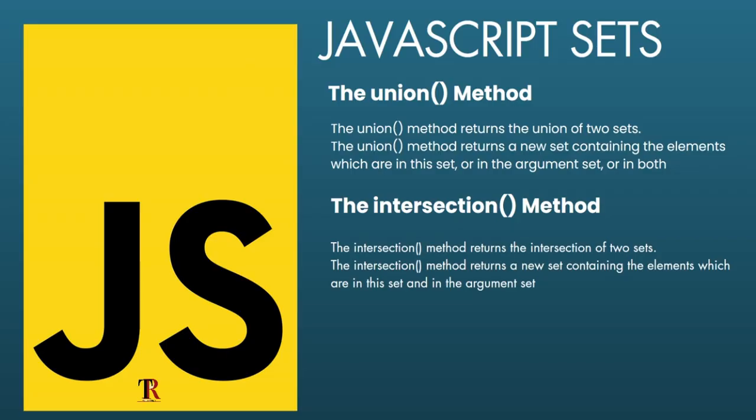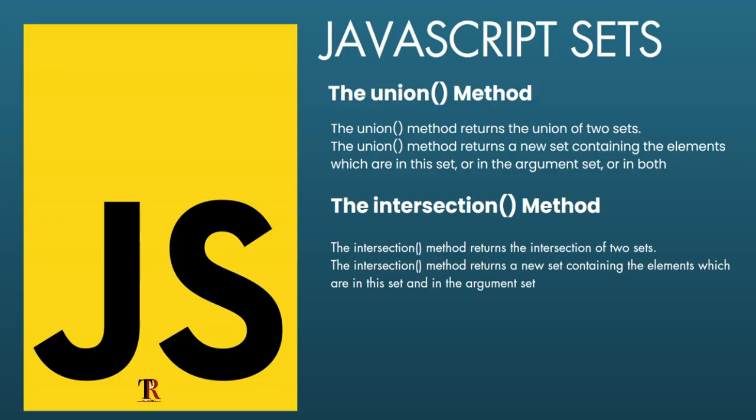Remember that in traditional mathematics, there are different ways of working with sets. The union set is a kind of set that returns the union of two sets, which means that when you combine, for example, set A and set B, when you join the two together, that is what is referred to as the union of both sets.